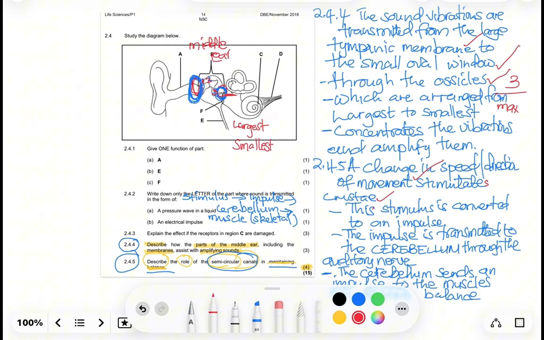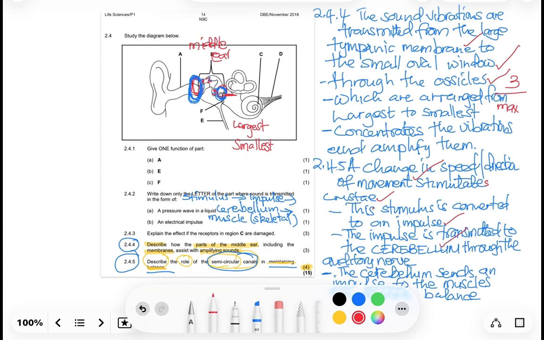And when the crista is stimulated, it converts the stimulus into an impulse, right? This question is 4 marks, so we continue marking. The generated impulse is then transmitted through the cerebellum.